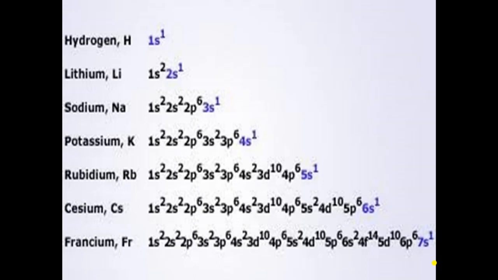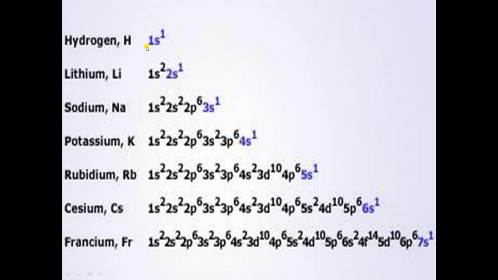You can see here in this picture, electronic configuration of hydrogen is 1s1. Lithium is 1s2, 2s1, sodium 1s2, 2s2, 2p6, 3s1, potassium 1s2, 2s2, 2p6, 3s2, 3p6, 4s1.